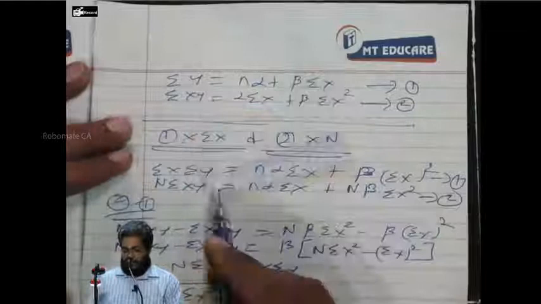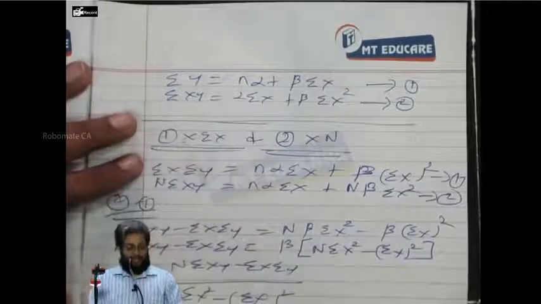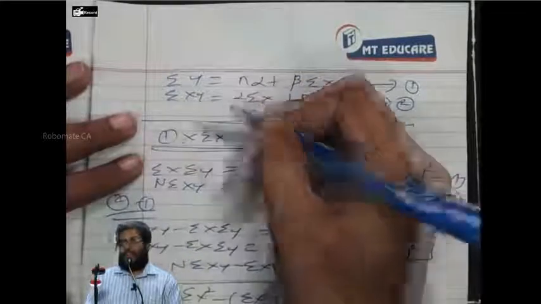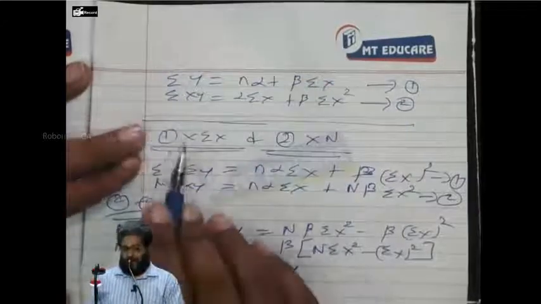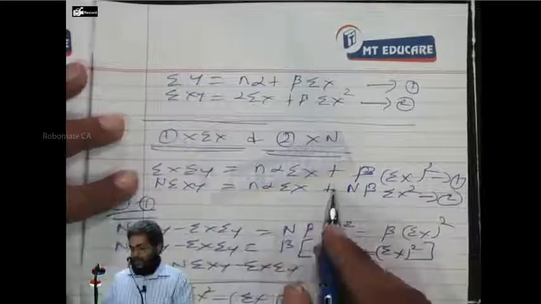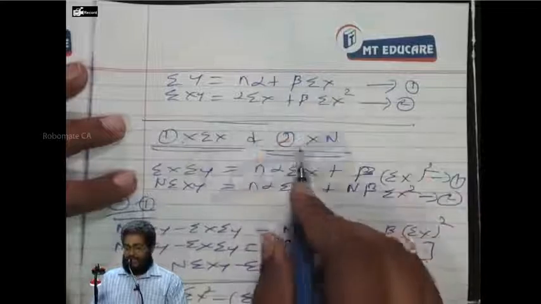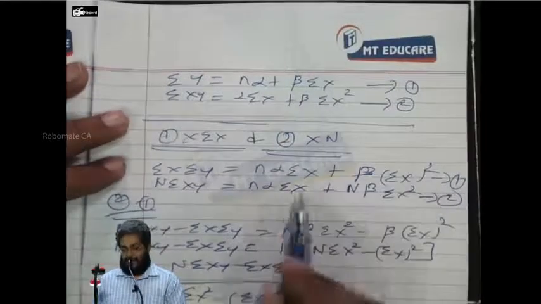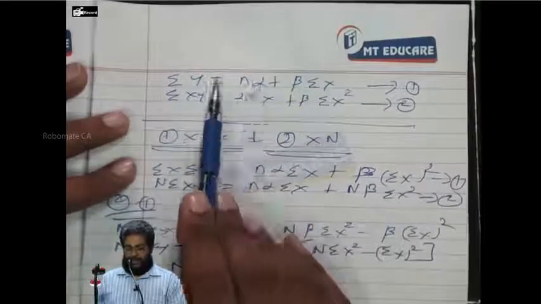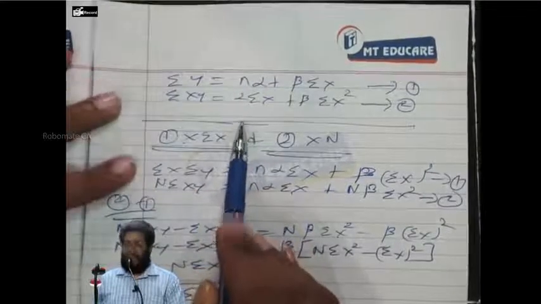Now, write down. You need not write this once again, it is already in the previous point. Multiply the first equation by sigma x and the second equation by n.